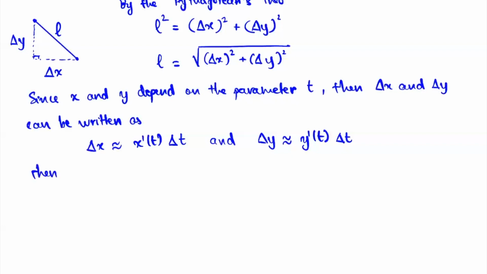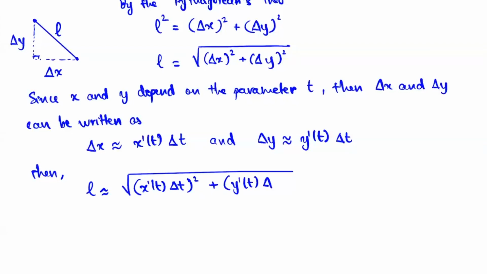Then I have L is approximately equal to, so there's no longer an equal sign because you approximate delta x and delta y. So you have (x prime t times delta t) squared plus (y prime t times delta t) squared.